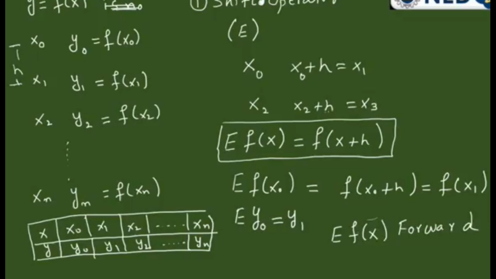This is forward shift. But if you apply the shift operator in this form, E raised to the power minus 1, although do not consider it a power, it is the operator E power minus 1, it means that you want to shift it backward. Minus sign means backward shift. Now what does this mean if we have a backward shift? Let's do this in our next slide.